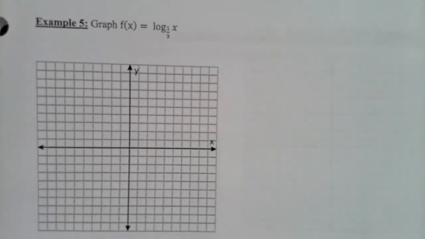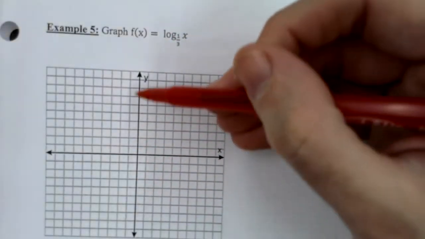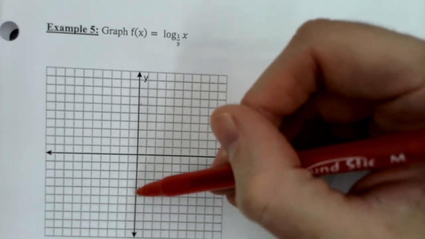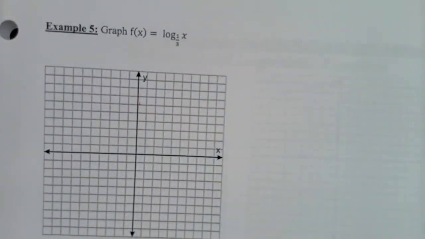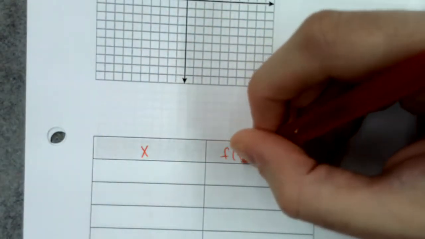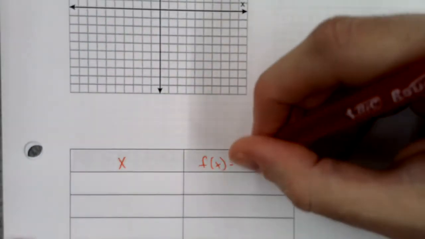How about log base 1/3 of x? So again, this one is not shifting left or right. So this asymptote is going to be the vertical line right here, the y-axis. In other words, x equals 0. I believe the next example we're going to do one that shifts. Okay, so x, and we have f of x equals log base 1/3 of x.